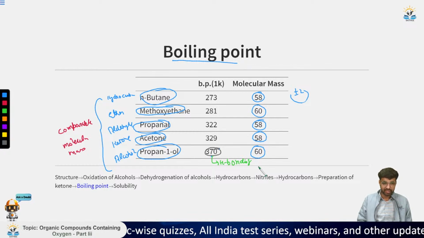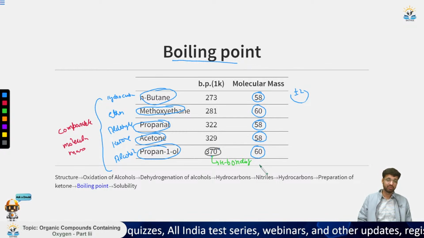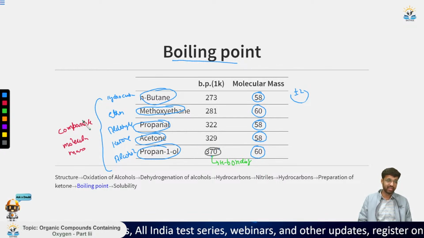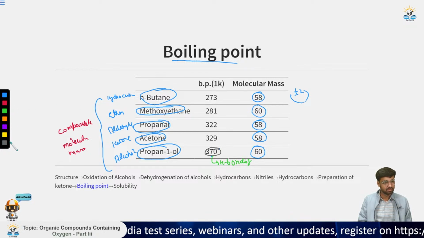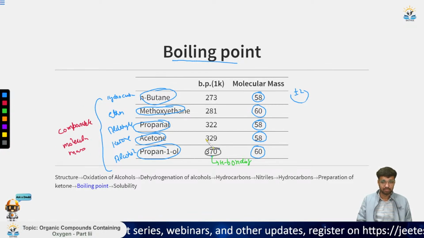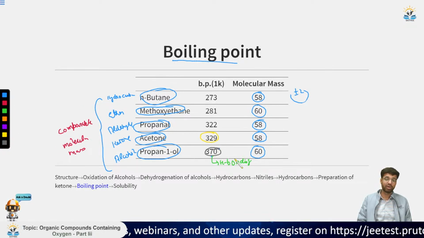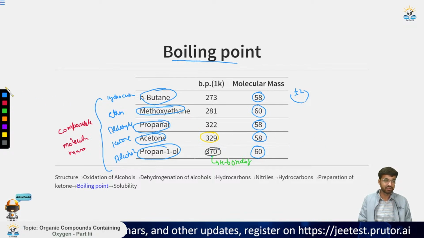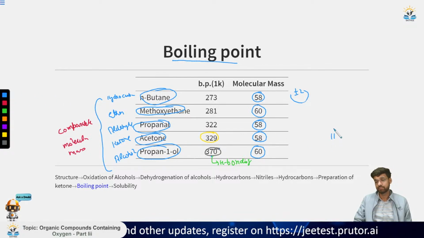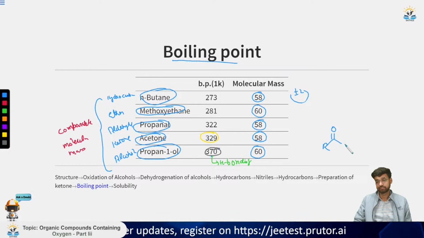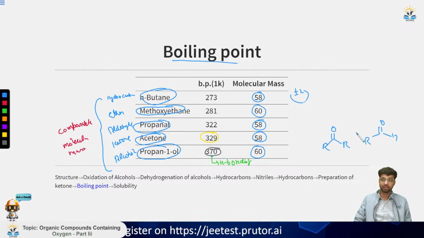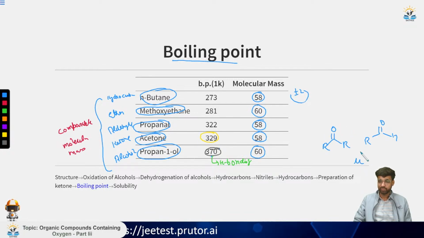Now moving on to acetone and propanal. Acetone has a slightly greater boiling point. Why? Because if you see the structure of this ketone and aldehyde, this thing is more polar. So mu, that is the dipole moment, is greater for this one.